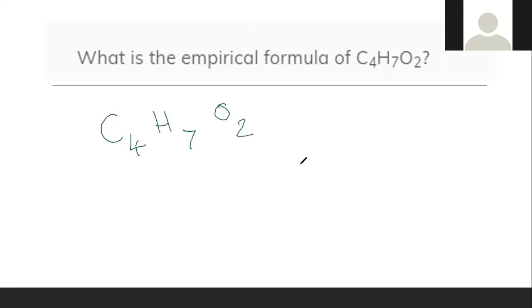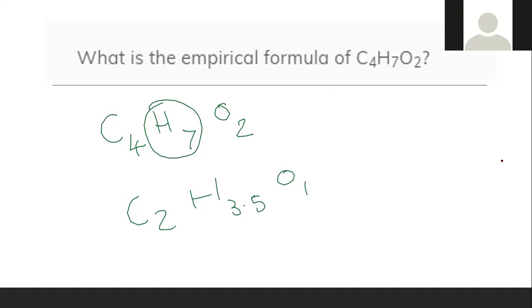We can't do anything to make this any simpler, mainly because we've got H7 in here. If we started trying to make it any simpler, we'd end up with something like C2H3.5O1. And we don't deal with decimals when we're using numbers like that in this way. It just doesn't work. So actually, the simplest way of showing the molecular formula of C4H7O2 is C4H7O2.